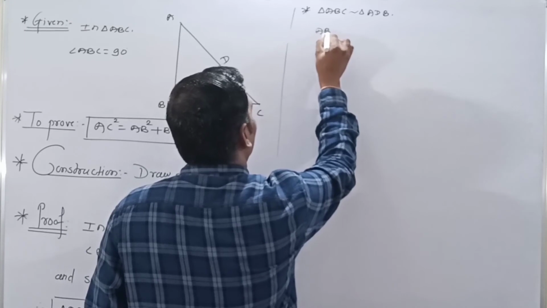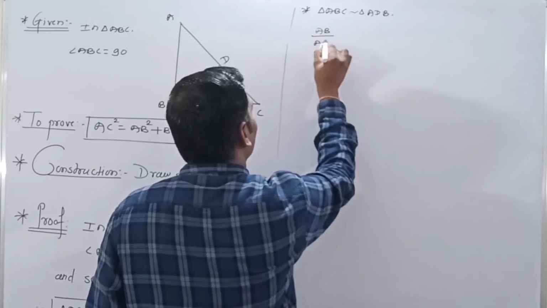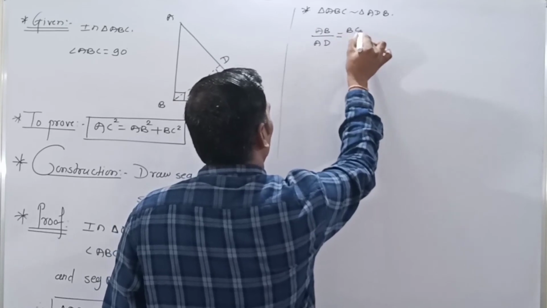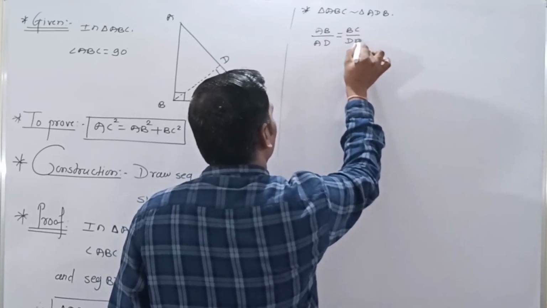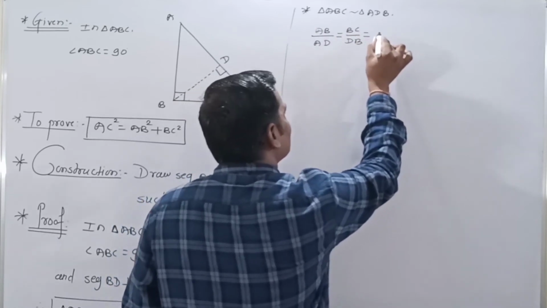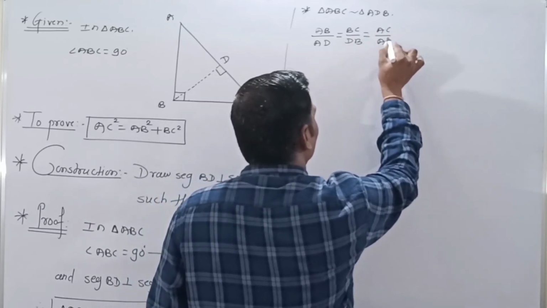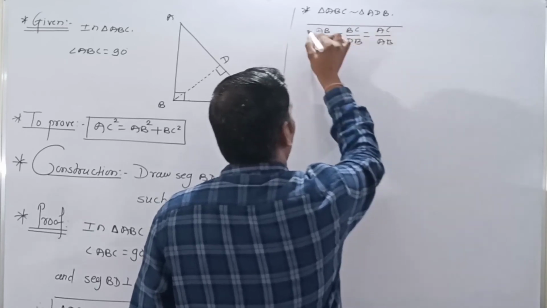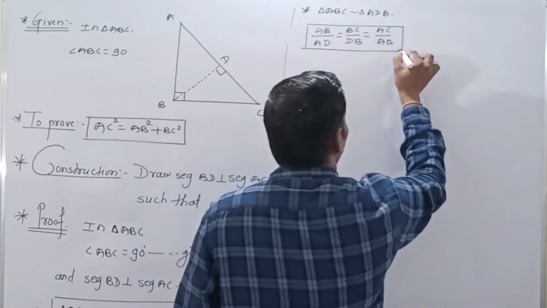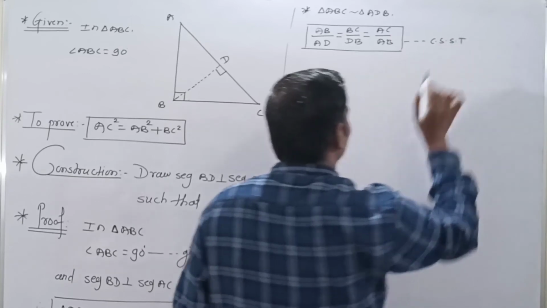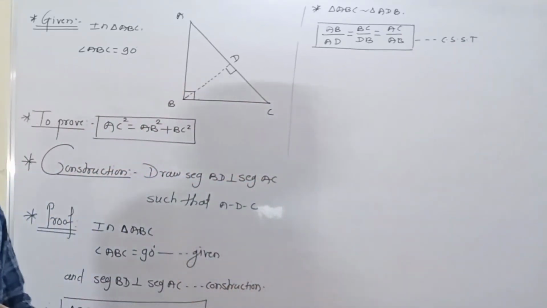That means AB upon AD, first corresponding side, is equal to BC upon DB, is equal to AC upon AB. The reason is CSST, corresponding sides of similar triangles.